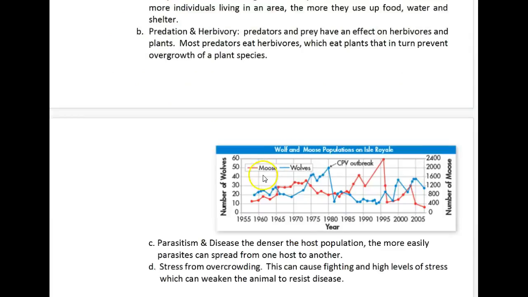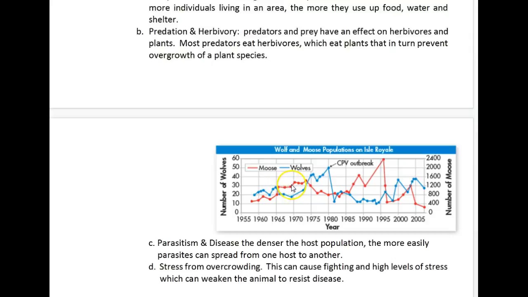Let's take a look. Here's a really good graph that takes into account the wolf and the moose population. The wolves are the predators, and the moose are the prey. And this takes place on Isle Royale. So you can see the moose population starts to go up, and what does the wolf population start to do? The moose population declines, and so does the wolf population.